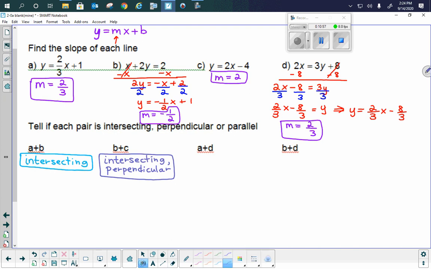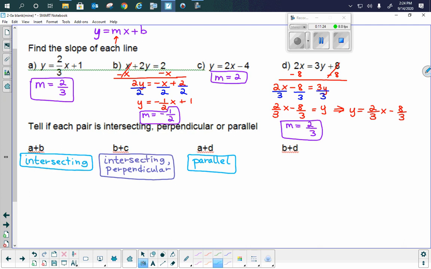All right, get rid of the stars. Go to the next one. We're looking at A and D. So we're looking at this slope of 2/3 and this slope of 2/3. Well, if they have the same slope, then by definition, they are parallel. And if they're parallel, they don't intersect. So parallel is the only answer. Okay, perfect. Get rid of those two stars.